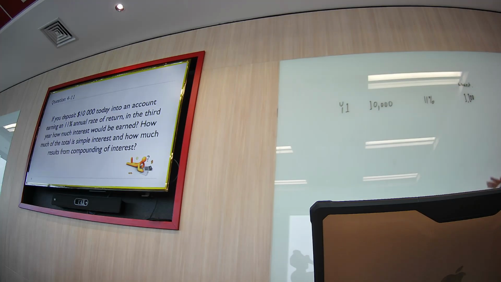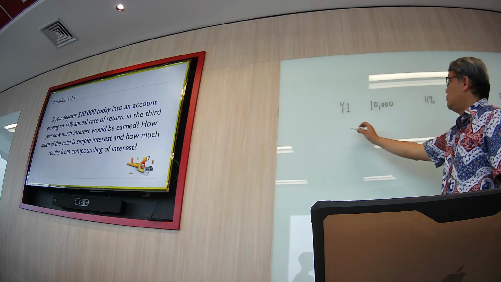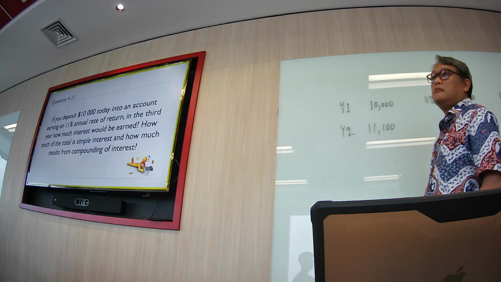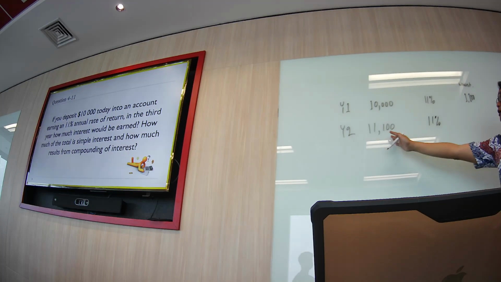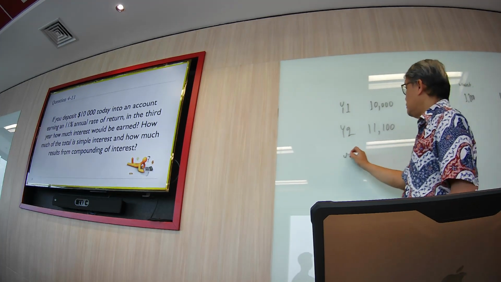At the end of the first year, you have 1,100, and then in year two, you start with 1,100 and have 11% interest, then compound it here. Then start again in year three.